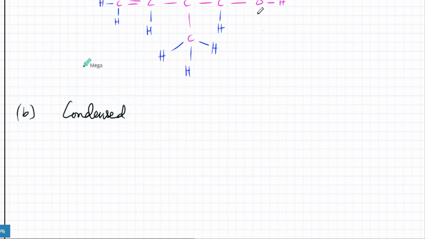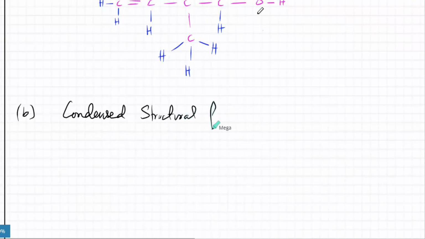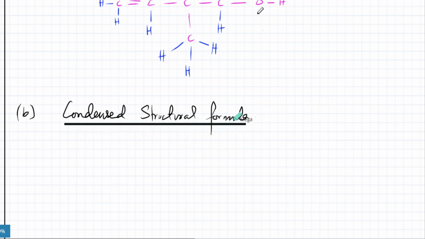Now drawing this one is slightly difficult. Condensed structural formula: sometimes what will happen is, the only advantage of a condensed structural formula is that number one, it saves you space.